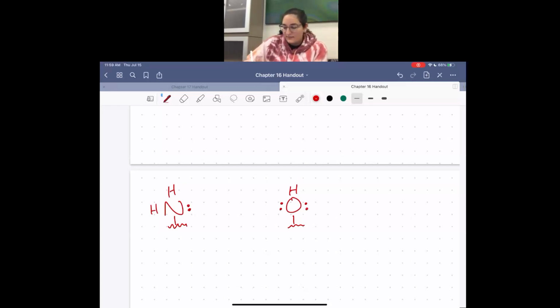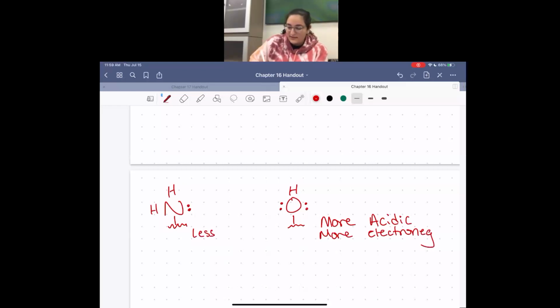Oxygen. And is it more or less electronegative than nitrogen? More. So since nitrogen is less electronegative, it's going to be more basic.